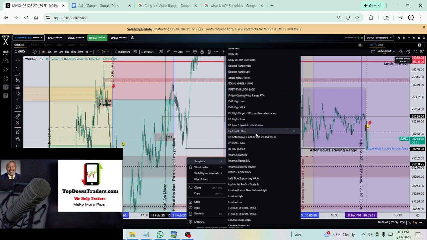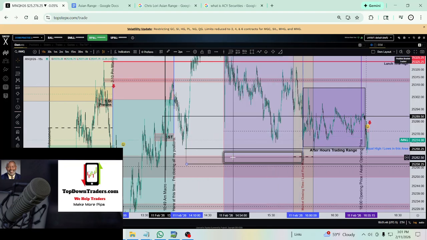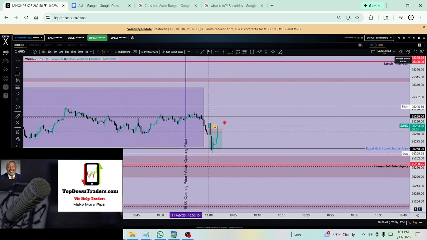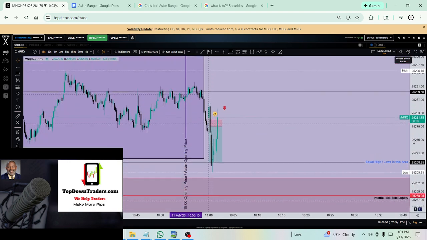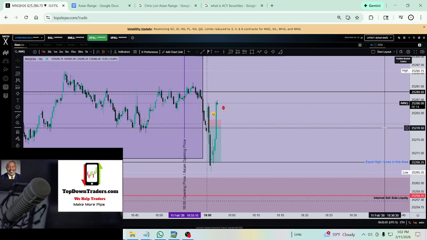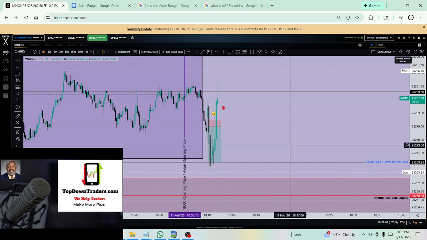And this should be sell side liquidity, internal range, internal sell side liquidity there, potentially, but it looks like we're going to get a bounce. Something else that's really important about opening market price: typically it reverses. So what the market does, and it looks like it's doing it here, is it goes in the opposite direction first, then reverses.